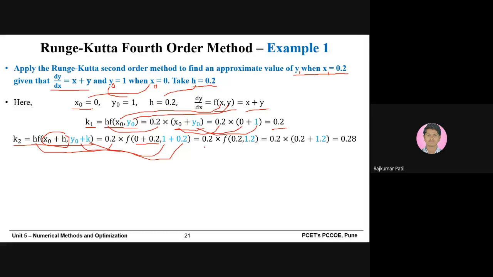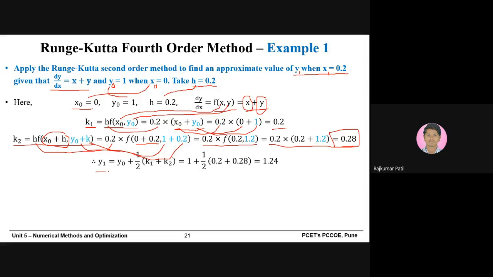So simplify it, you will get 0.2 into f of 0.2 comma 1.2. Replace x by 0.2 and y by 1.2 while calculating k2, and you will get k2 as 0.28. So this is how we calculated k1 and k2.